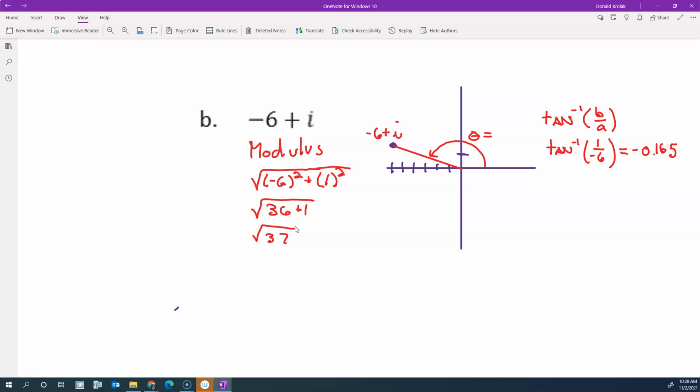Okay, so the angle that gave you is this one in green here.